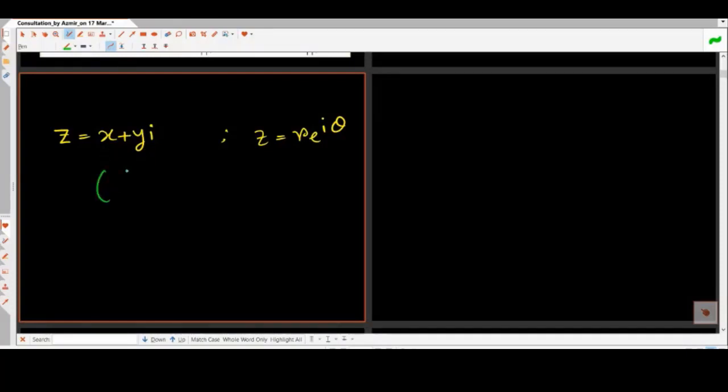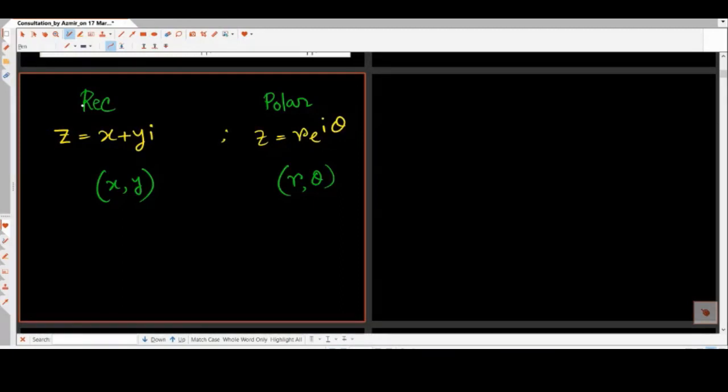That is, x plus yi is nothing but (x, y). Similarly, z equals r e to the power i theta is also a point (r, theta). So this is known as the polar form of a complex number, and this is the rectangular or Cartesian form of a complex number. Based on these 2 forms, we can think about complex valued functions also.